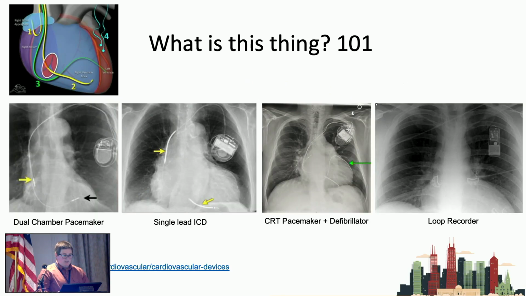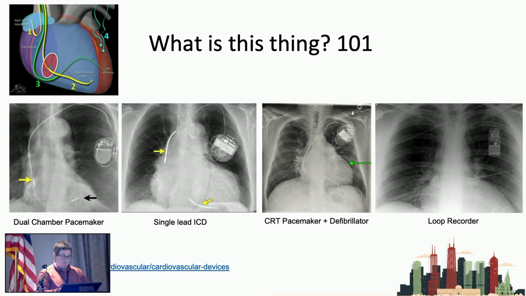So looking at these chest x-rays from right to left here, you can see in that first image, that's a dual chamber pacemaker. You just see the bright whiteness of the tips of each lead. So there's one in the right atrial position and one in the right ventricular position. The next picture across, you can tell the difference in the thickness of that lead. So when you see those bright white coils, you know it's an ICD, either with or without additional pacing leads.